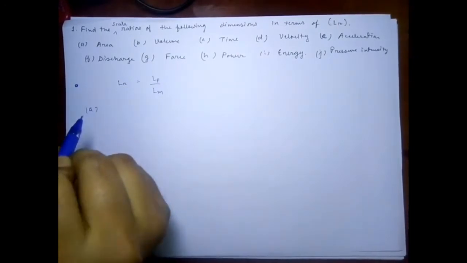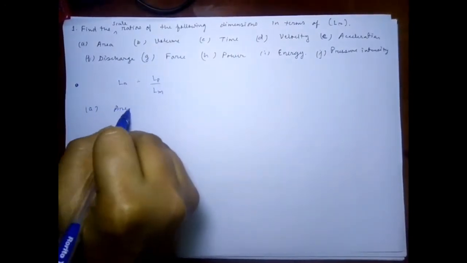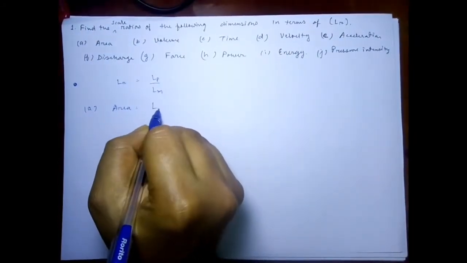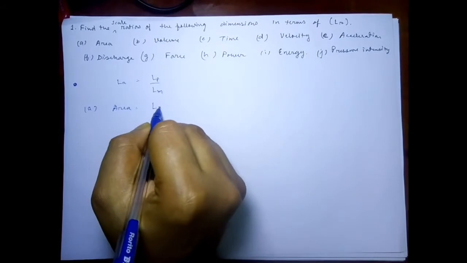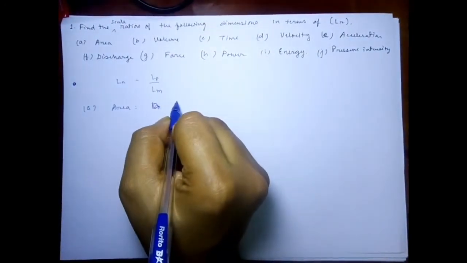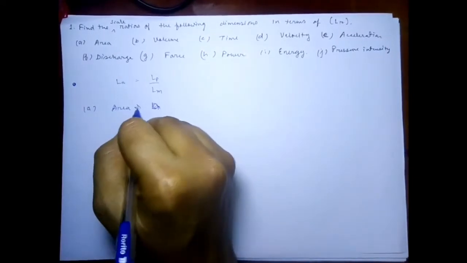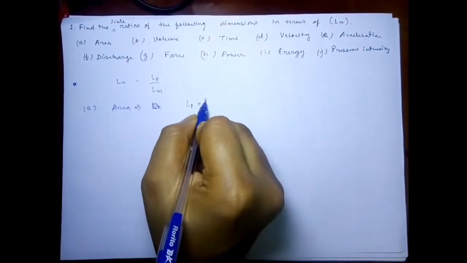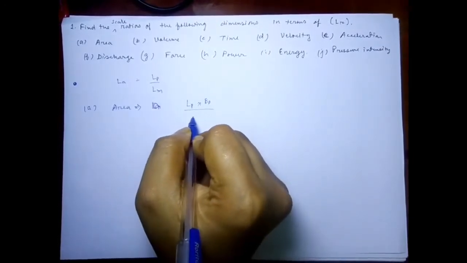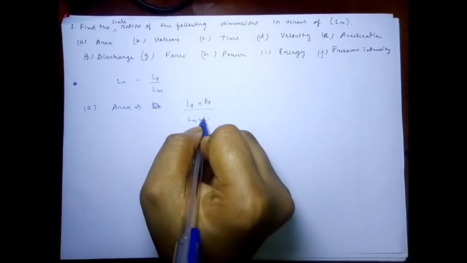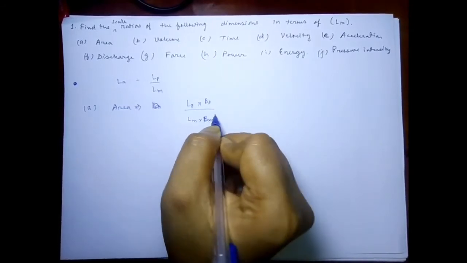First is area. Suppose the length is LR. Area is length into breadth. So for area I can say LP into BP upon LM times BM, length into breadth.